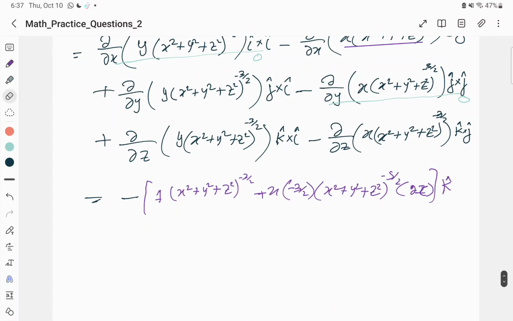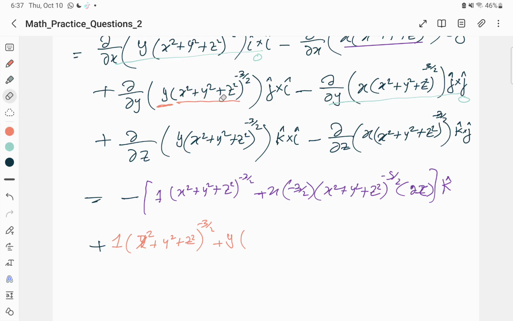Now let's go to the second line. For the second line, this expression is already 0, so we are calculating the derivative for this one. This time the derivative is with respect to y, and the y is over here and also over here, so we have to apply the product rule. The derivative of the first y is 1 and the second one will be (x square plus y square plus z square) to the power negative 3 by 2, plus then the first y will be written as it is.